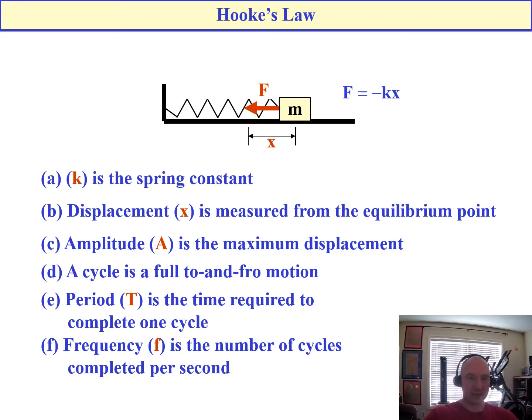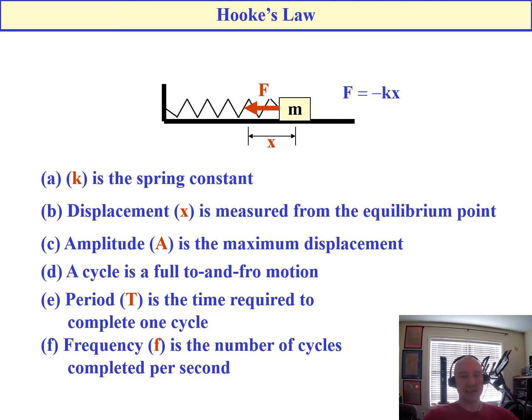Now, why period versus frequency? Well, period describes something that takes a really long time to make one full cycle, for example, the Earth as it rotates on its axis. It makes more sense to say, how many seconds does it take to complete one cycle? But when we talk about frequency, we're talking about something that oscillates very fast. Let's say an atom that vibrates back and forth.